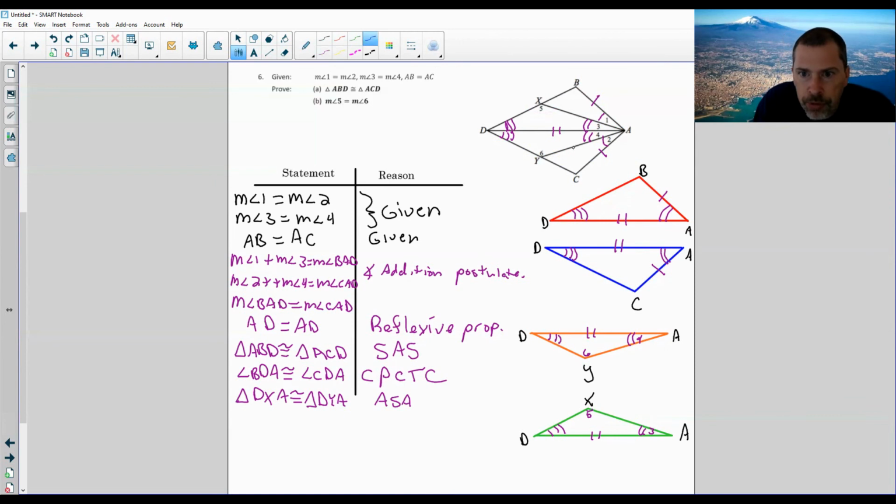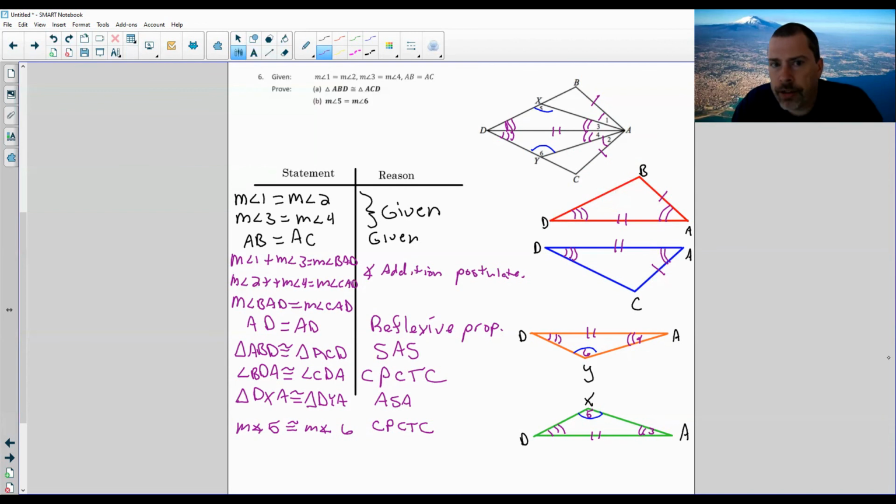This is congruent to that because the triangles are already congruent by angle, side, angle. So the proof is asking for the measure of angle 5 is congruent to the measure of angle 6. Reason: corresponding angles of congruent triangles are congruent. And we're done.